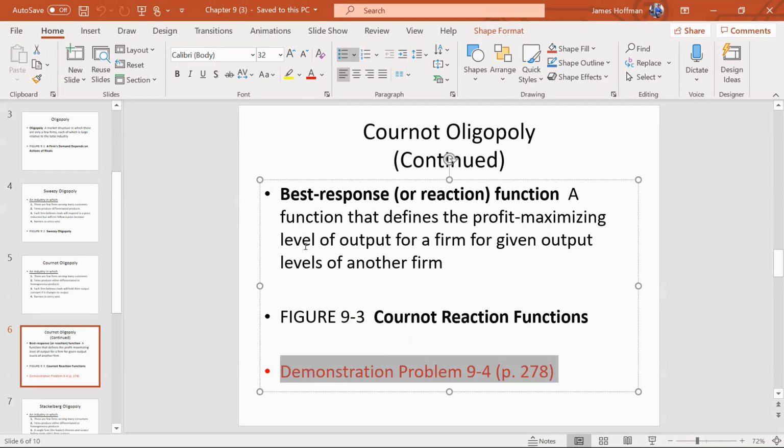Alright, so let's look at our first example, demonstration problem 9.4. And I did this on a separate Word document.